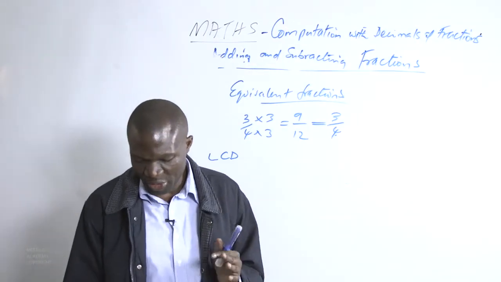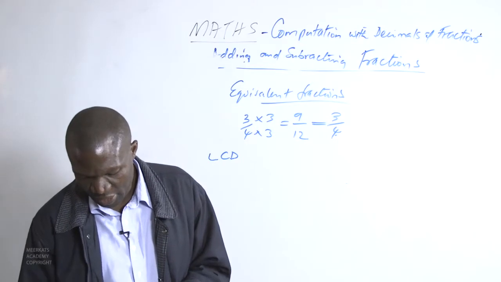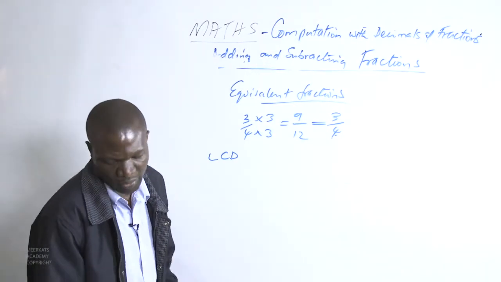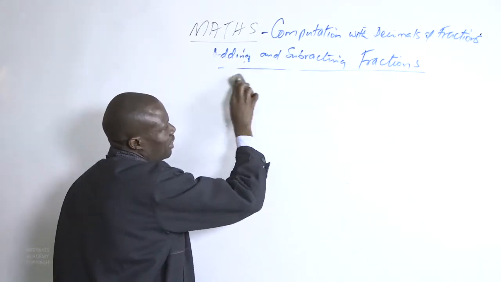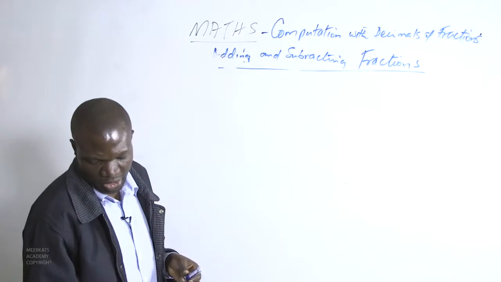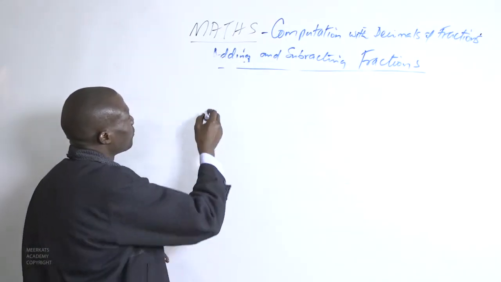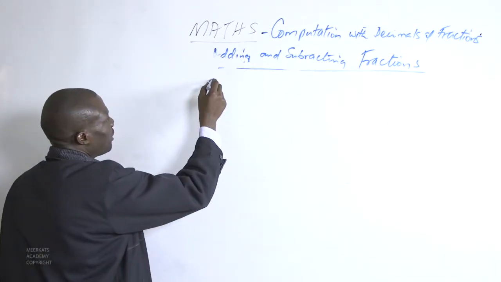What are the steps that we need to follow in order to come up with this? To come up with the lowest common denominator, we need to observe the following.